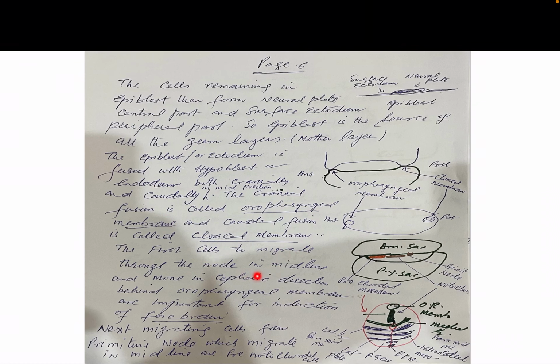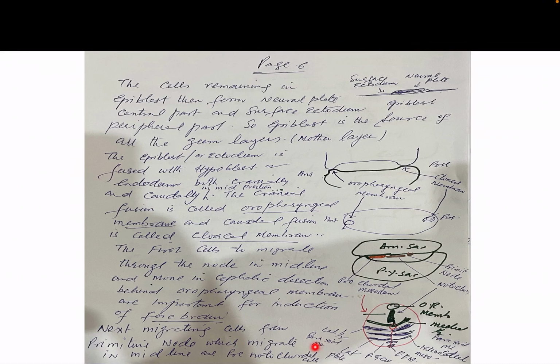The first cells to migrate through the node in the midline move in the cephalic direction. The first cells which I told you migrate are the prechordal plate, then the notochord in the midline, which moves in the cephalic direction behind the oropharyngeal membrane and is important for induction of the forebrain.